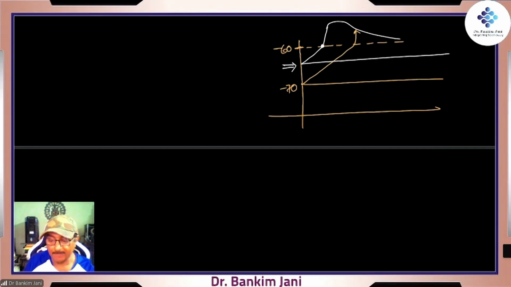Reason? This firing is occurring at every cycle, every time. So the sodium channels are not getting enough time to reset themselves, because this is not happening once, it is happening every time. If you tell someone, let's run, then after a few cycles his speed would decrease because you're not giving enough rest. Earlier, when it was going all the way up and then all the way down, the next round was up.